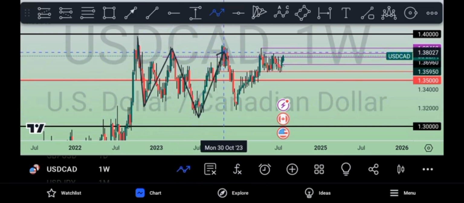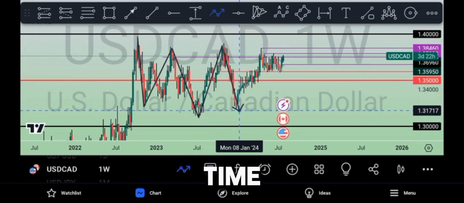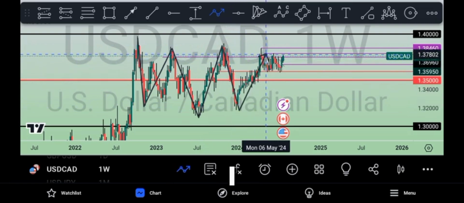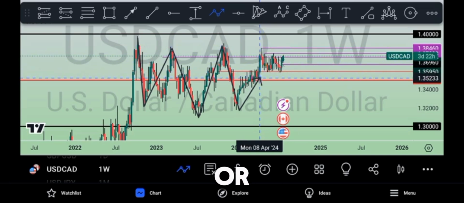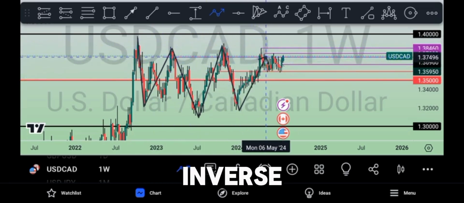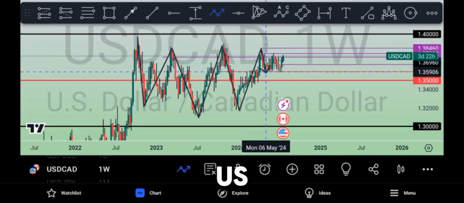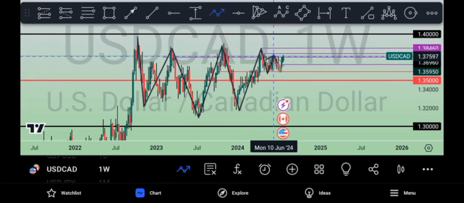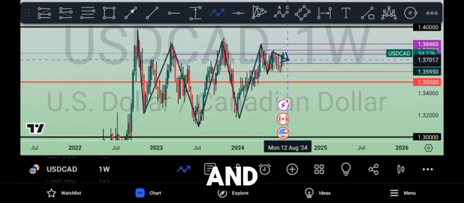This head took a very long period of time to form. Initially, I thought this was going to be the breakout that would take out the neckline of the inverse head and shoulders, but then the market came down and gave us a W pattern kind of vibe right here.